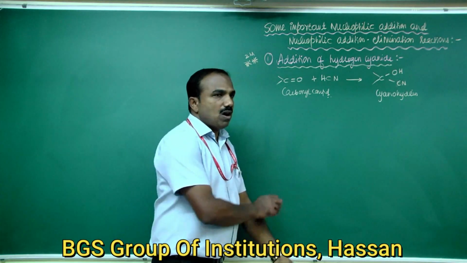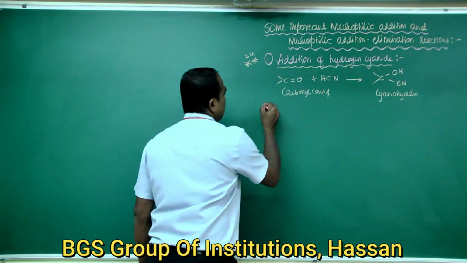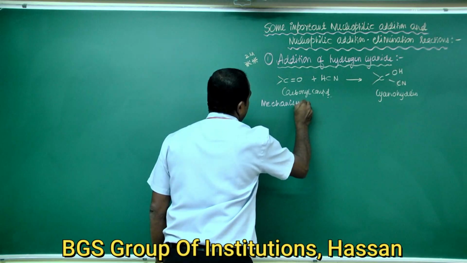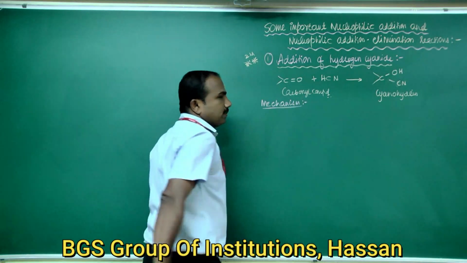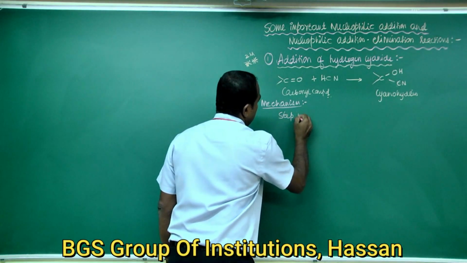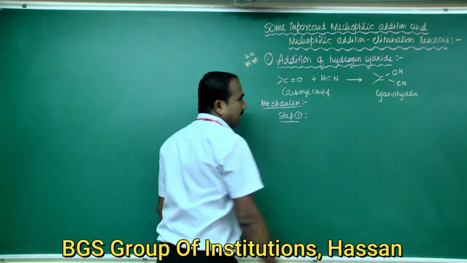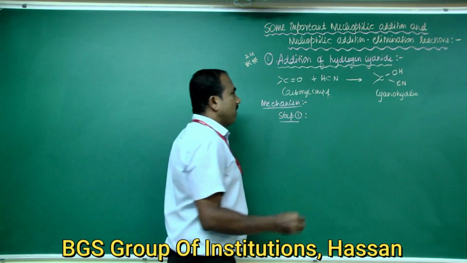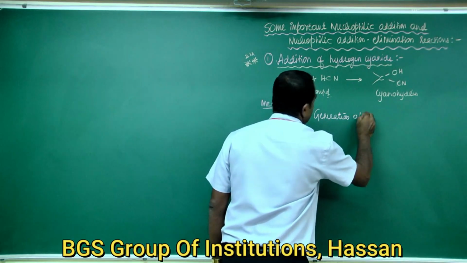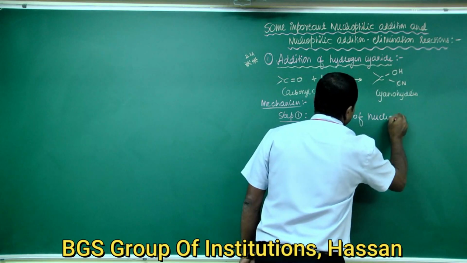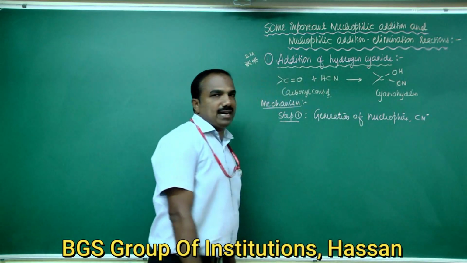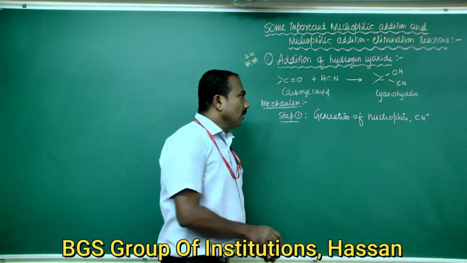The mechanism of this reaction takes place in 2 steps. This is important. Step 1: generation of nucleophile, CN minus, the cyanide ion.